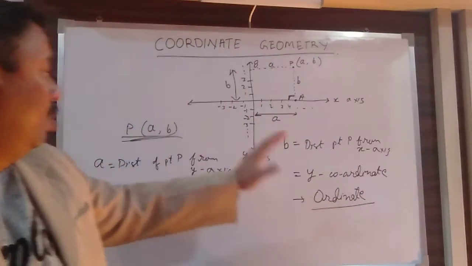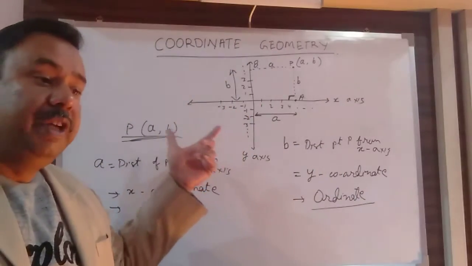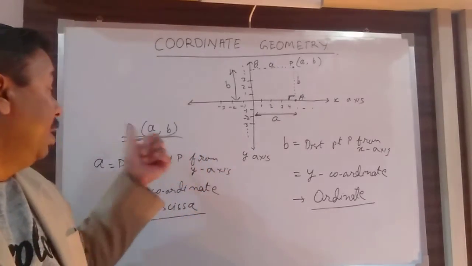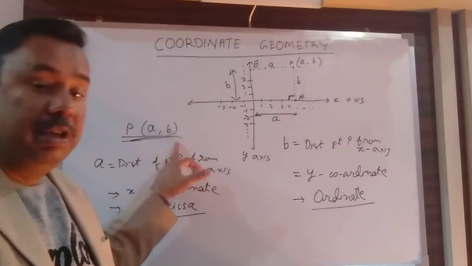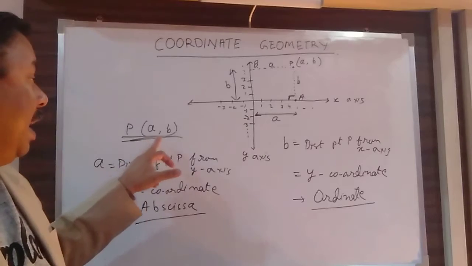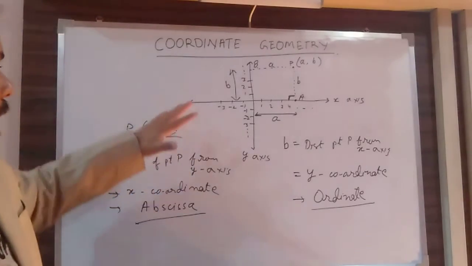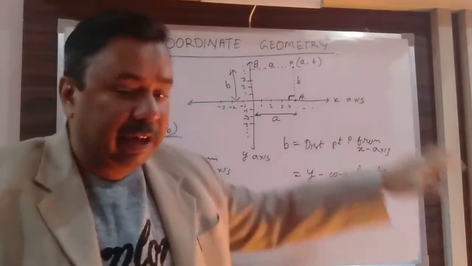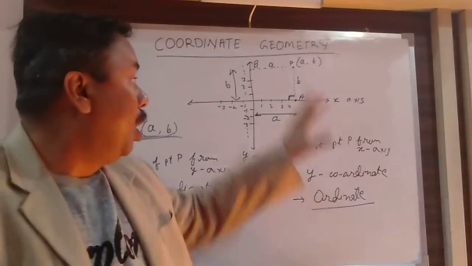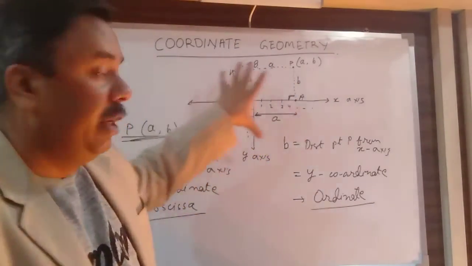So for the address of each point you should have an x coordinate and a y coordinate, or abscissa and ordinate. This is how to find the address of a point on the coordinate system.